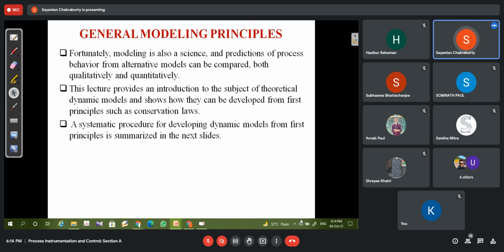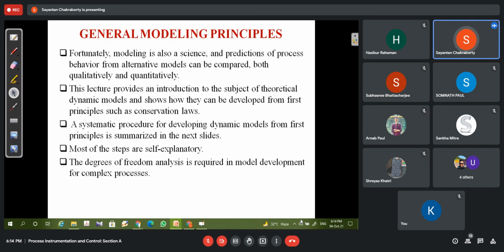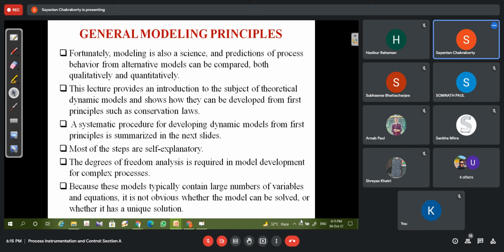For that, we will develop a systematic procedure, and these steps are very self-explanatory. The most important thing is that we should go for a degree of freedom analysis, which is a very important step in model development, especially for complex processes. Why? Because any model, especially of a complex process, will contain a large number of variables and equations.